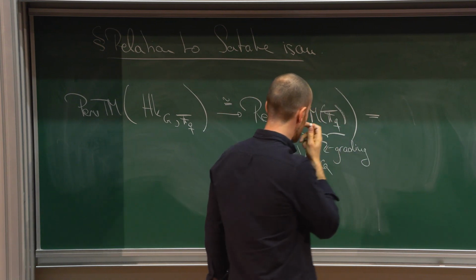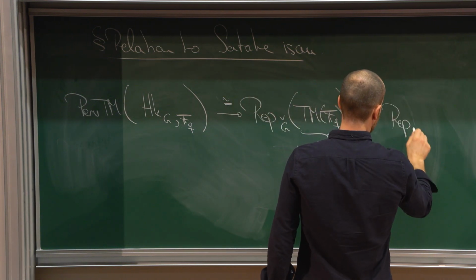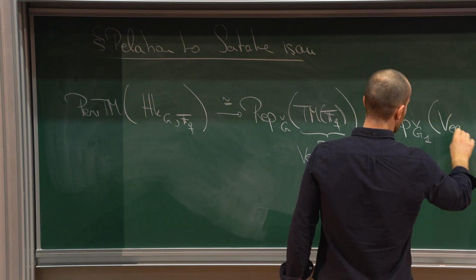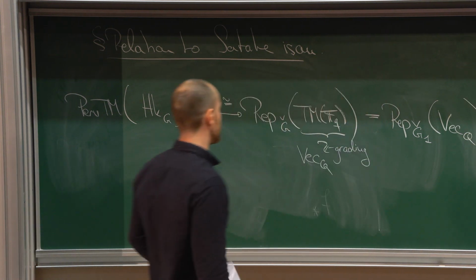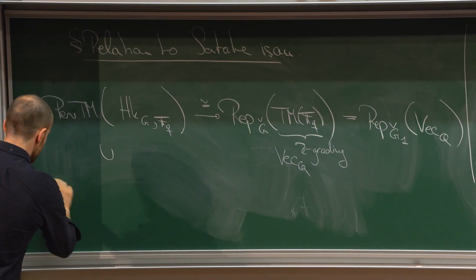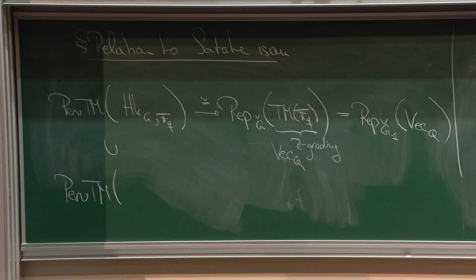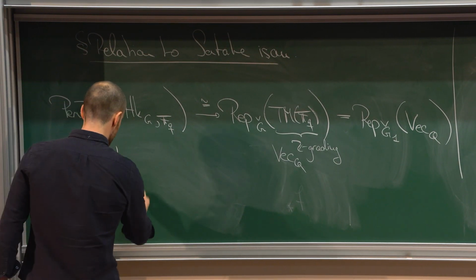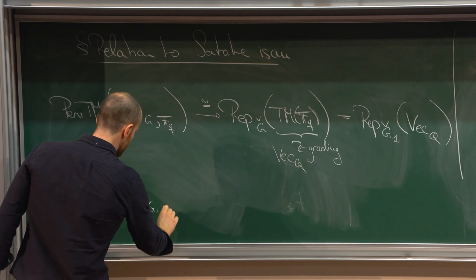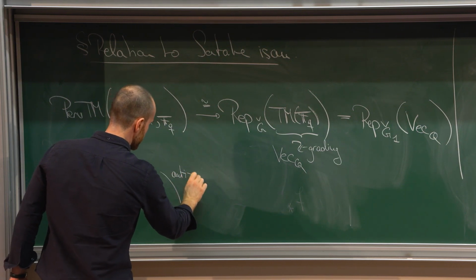So this here is the same as representations of this Deligne modification of the dual group. Also inside here, you can single out a smaller subcategory which is stable under convolution, a subcategory where you only allow negative Tate twists. Let me call this anti-effective.